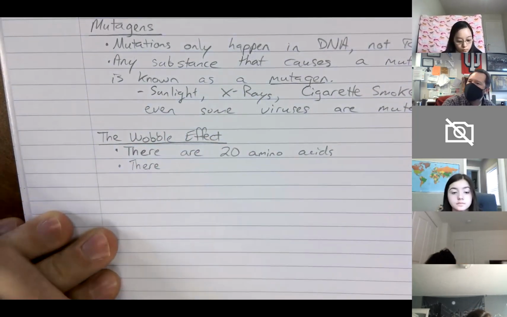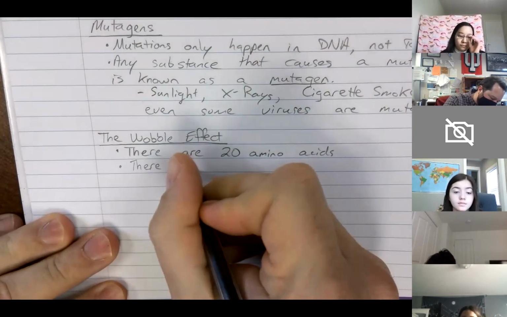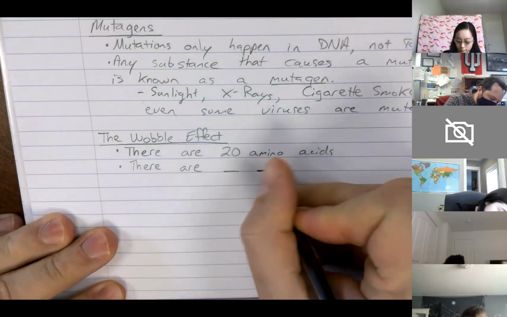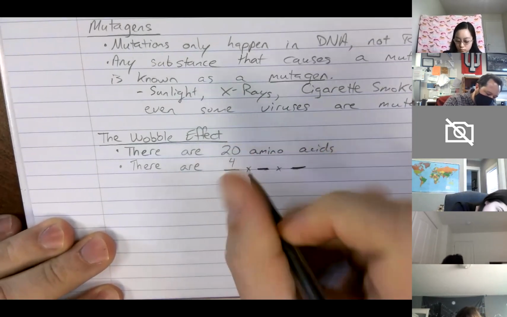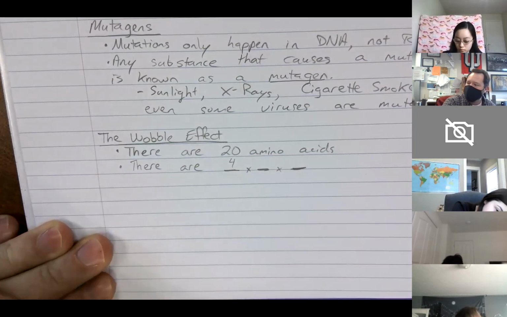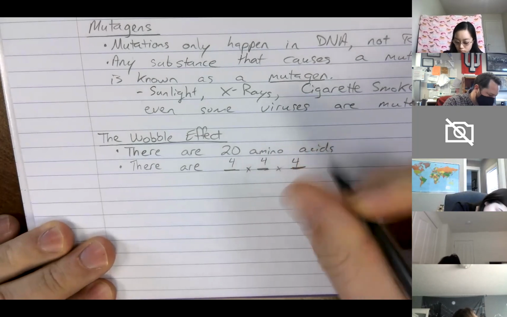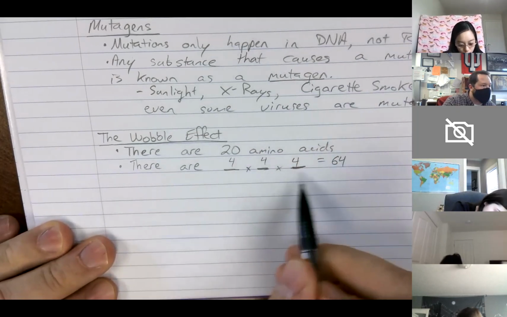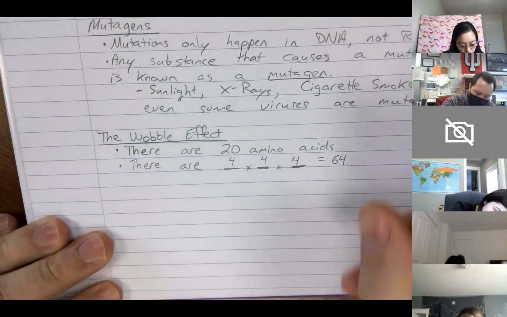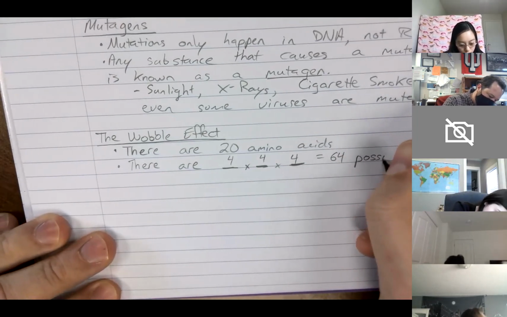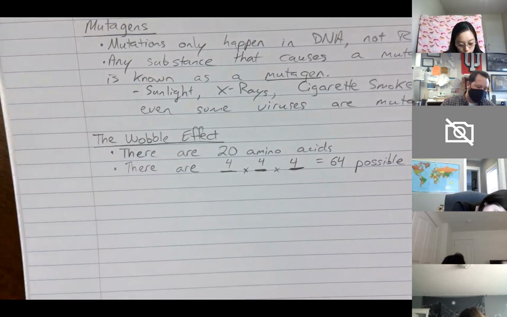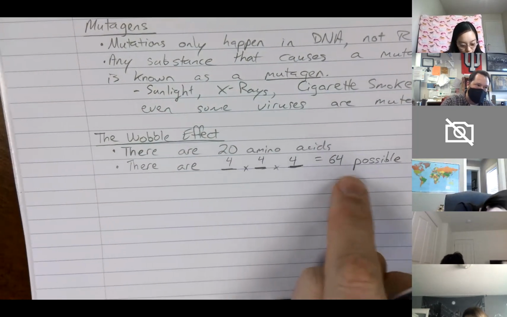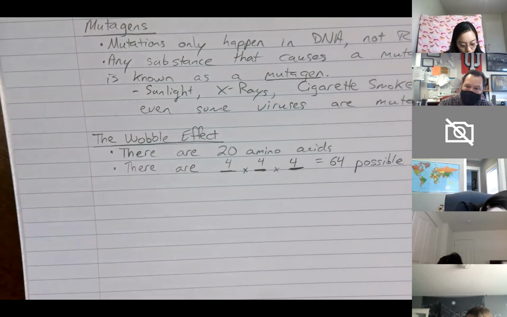Those of you who are excellent at math have probably already recognized that a codon has 3 letters, and there's 4 possibilities for each letter: A, T, C, and G. Means that 4 times 4 times 4, 64 potential codons. So only 20 amino acids, but 64 possible 3-letter combinations.